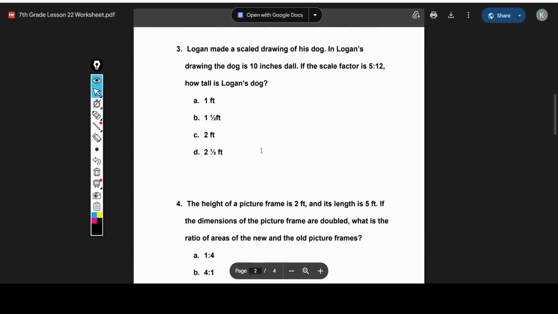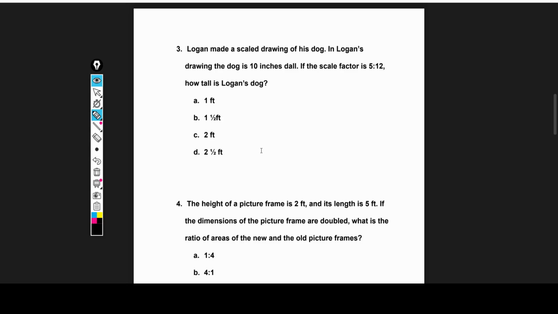Alright, next problem. Logan makes a scale drawing of his dog, and in Logan's drawing, the dog is 10 inches tall. If the scale factor is 5 to 12, how tall is Logan's dog? If the scale factor is 5 to 12, that means 5 inches in the drawing is 12 inches in real life.